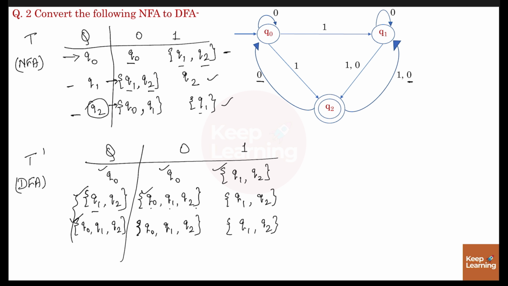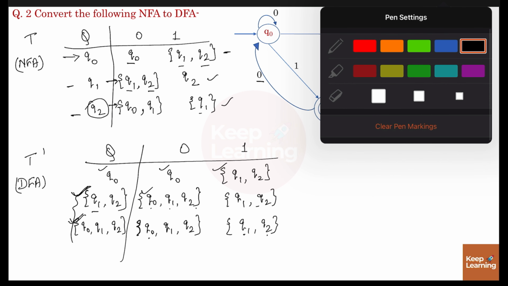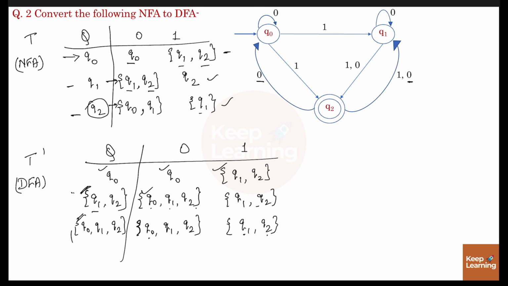This is also defined: q1 q2 is defined here, q0 q1 q2 is here. So now we don't have any new state here.